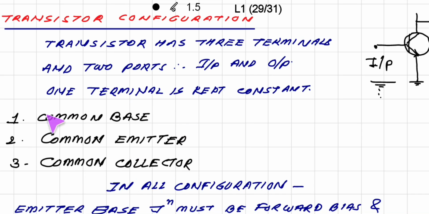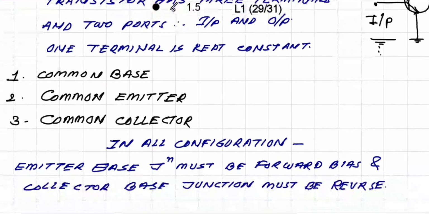Today we are going to see the circuits related to common base, common emitter and common collector, how exactly they function and how they are biased. That is the important thing to study.